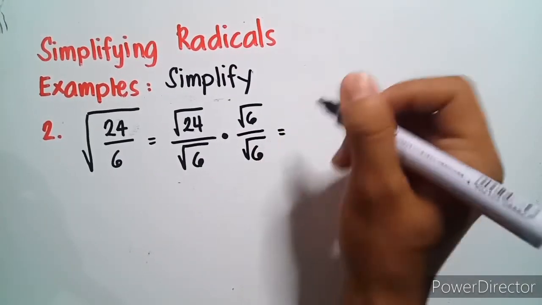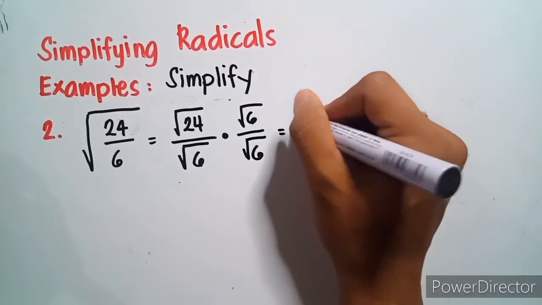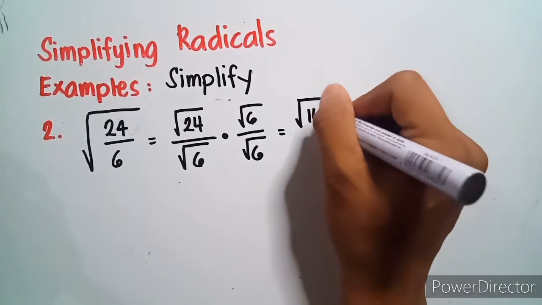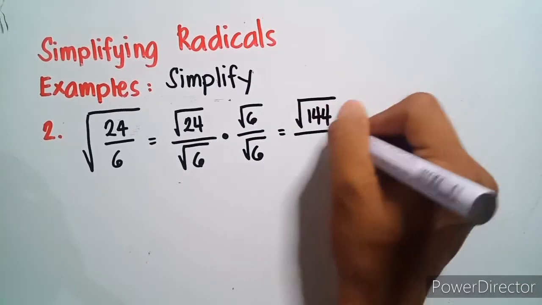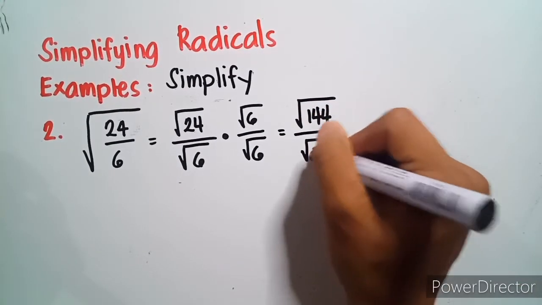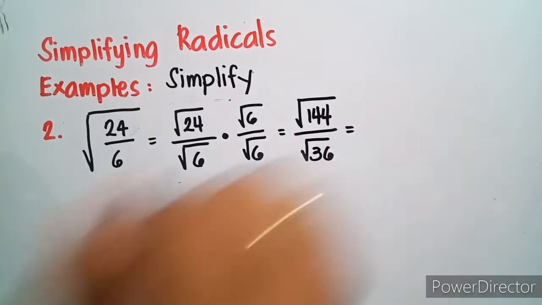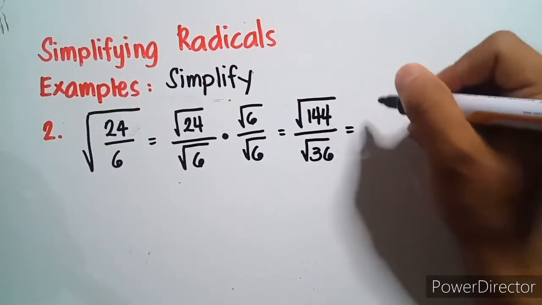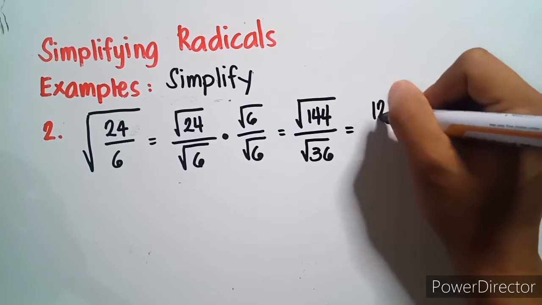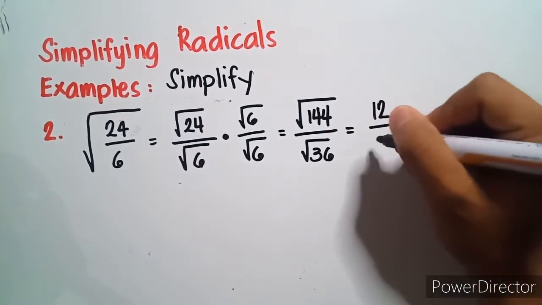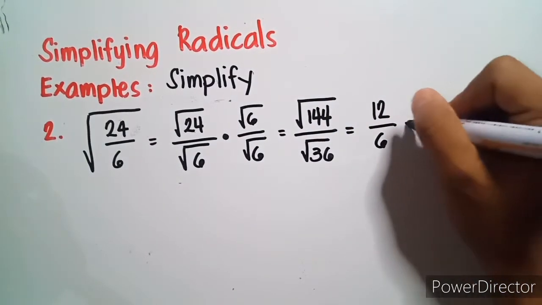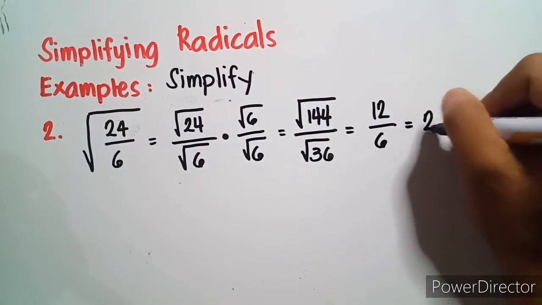So this is equal to square root of 24 times 6, which is square root of 144, over square root of 36. Square root of 144 is 12, then square root of 36 is 6. So 12 divided by 6, the answer is 2.